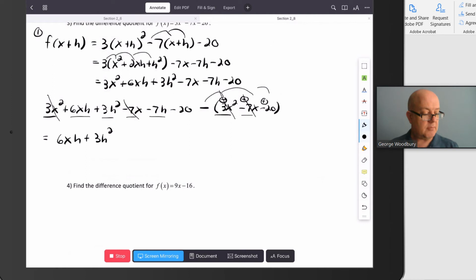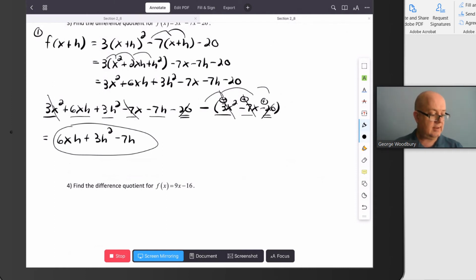Moving down the line, I've got minus 7h, and then I've got negative 20 and positive 20, they add to be 0. So this is my numerator, and if I rewrite the difference quotient here, I'm going to have 6xh plus 3h squared minus 7h all over h.